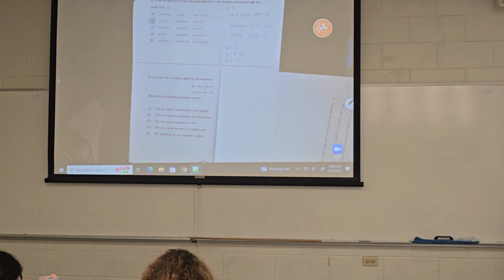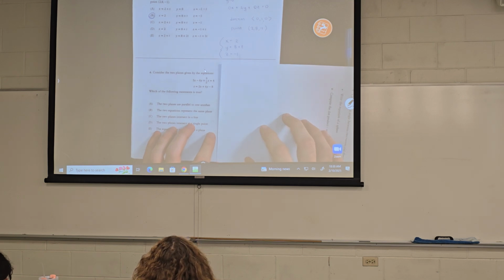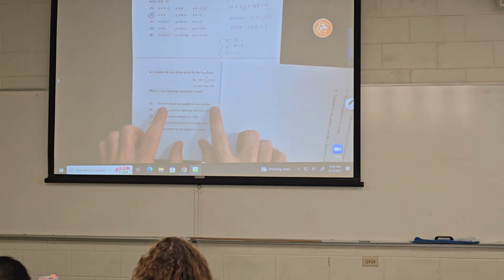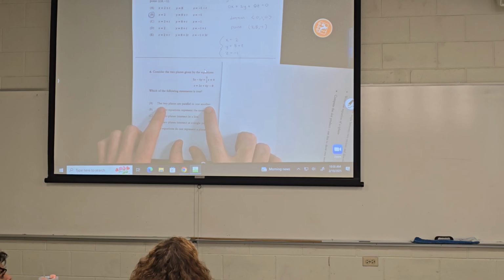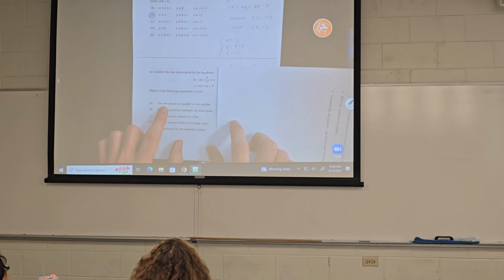Let's just go through the answer choices for 4, and then we'll think about the math of what would tell us that. How would I show that two planes are parallel to one another? Yep, the normal vectors would be scalar multiples of one another. What would show me that the two equations represent the same plane?